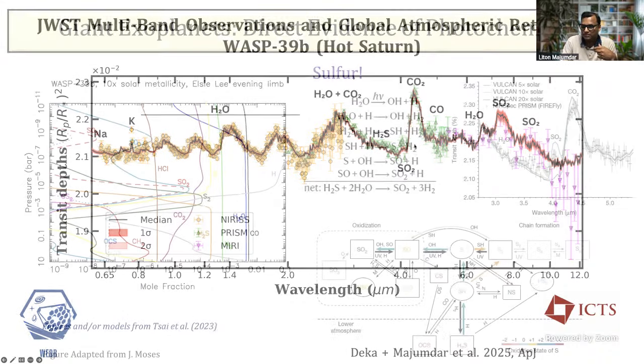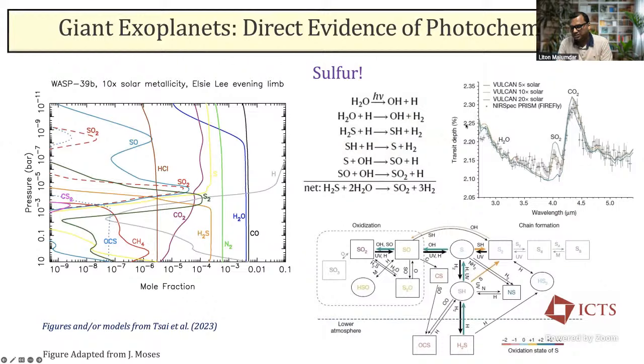One such effort basically changed the understanding, and I would say changed the field so much, and made all of us think about why disequilibrium processes such as photochemistry play a very strong role in controlling atmospheric compositions. So here, what I'm showing is the possible way you can make SO2 in the atmosphere of WASP-39b. Just forget about this data set.